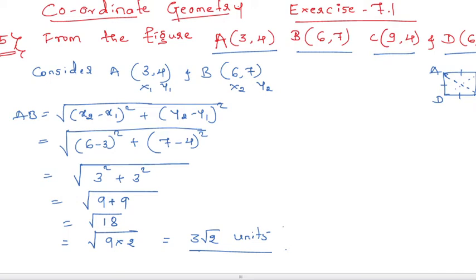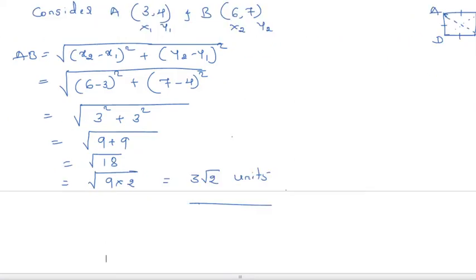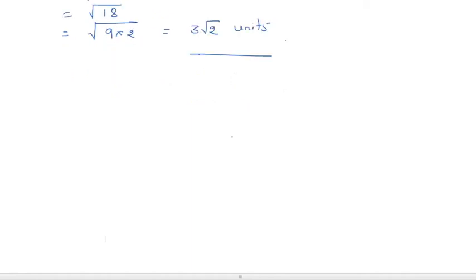Now, let us consider BC. Here consider B and C. The coordinates of B are (6, 7) and the coordinates of C are (9, 4).